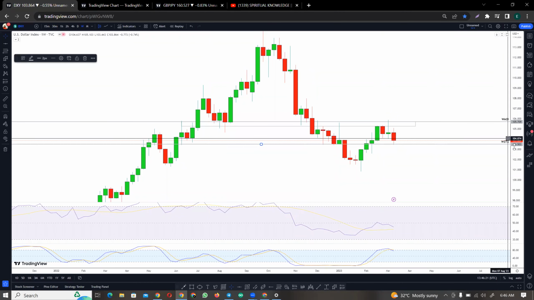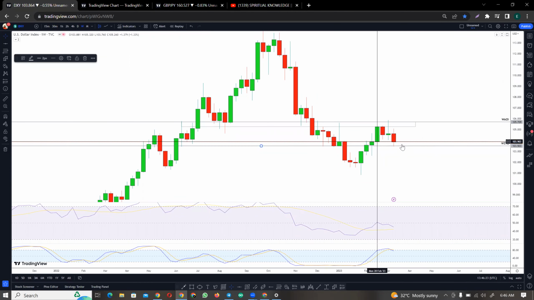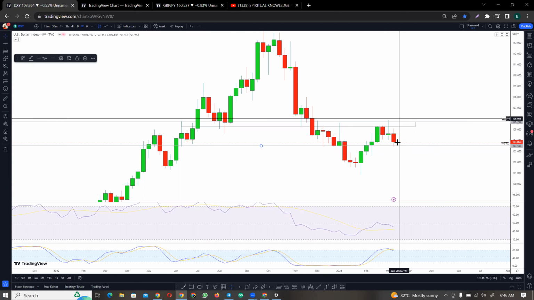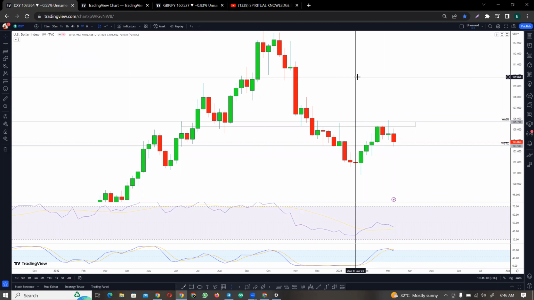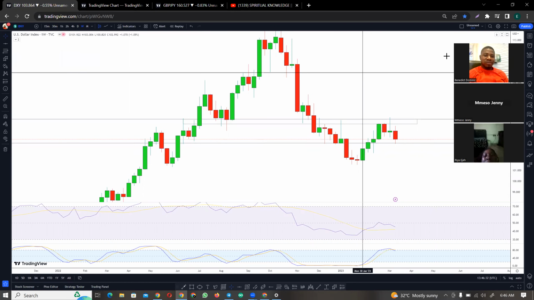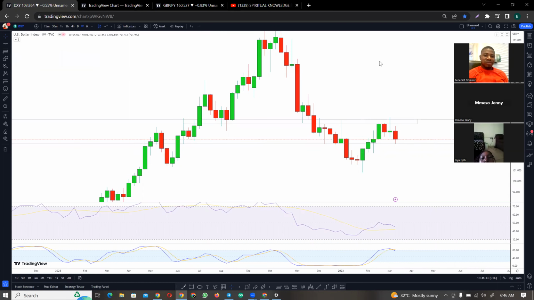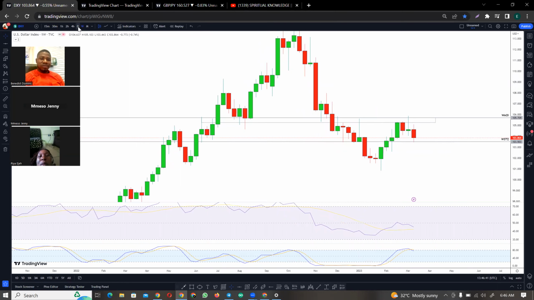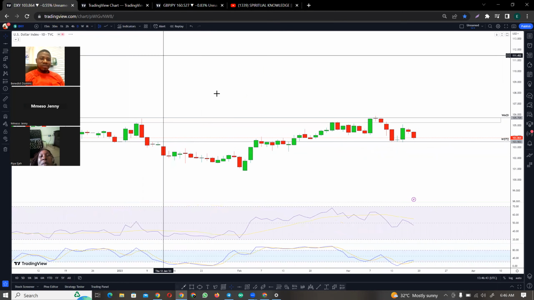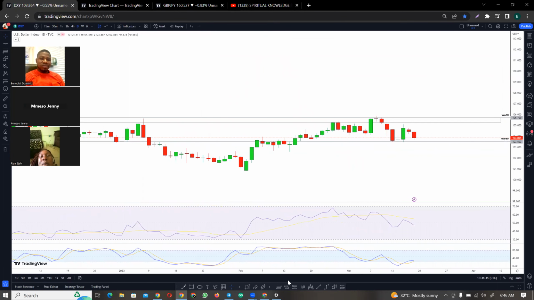So DXY will be trading within this range for this week, which we just entered. But if it breaks out of here, this is still the weekly time frame. So we have mapped out our weekly areas of interest. Then coming down to the daily time frame.